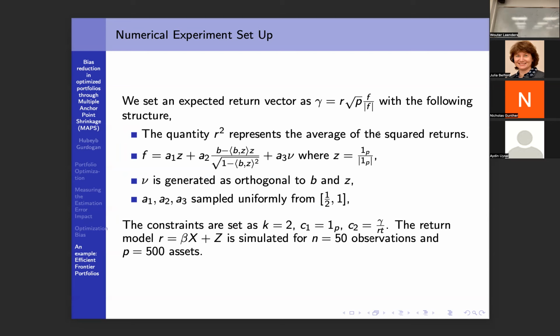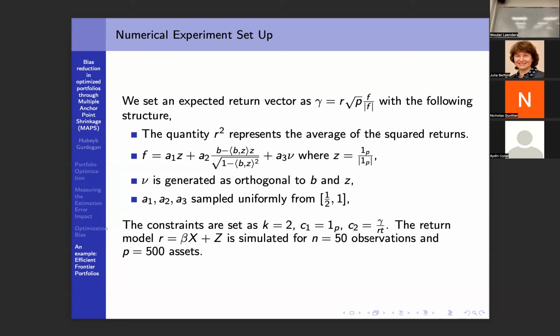If you take the norm and divide by norm squared divided by p, it will give you r squared. And f is a vector that is composed of the vector of all ones normalized, and the part of b that is orthogonal to z, and then another vector that is orthogonal to both. This is a complete decomposition, really.